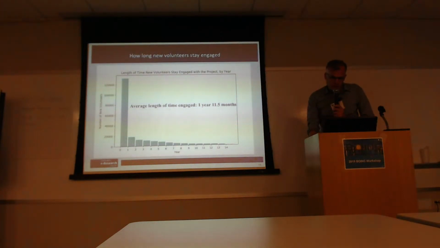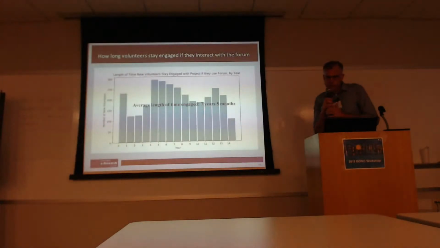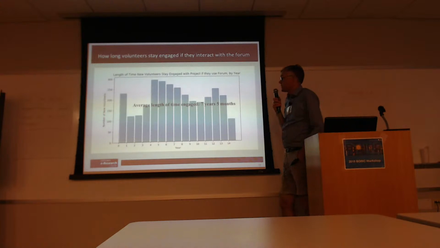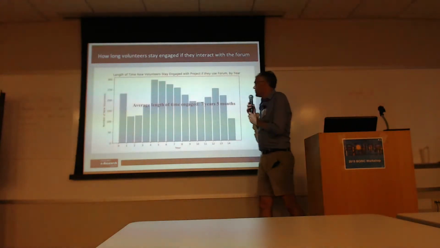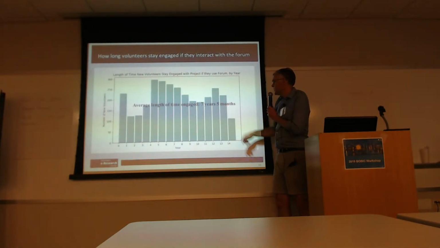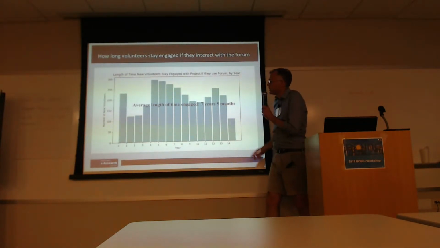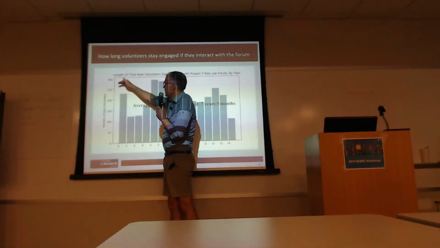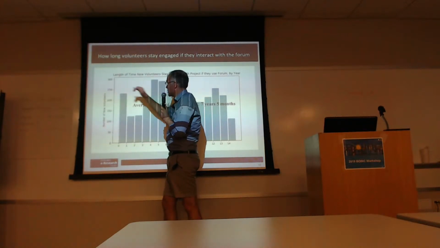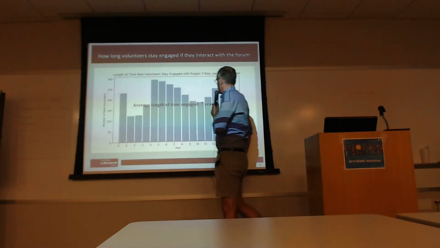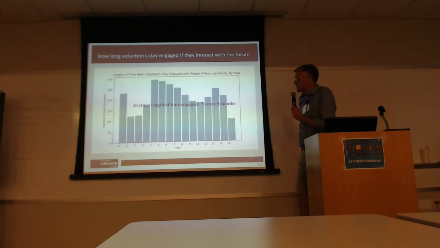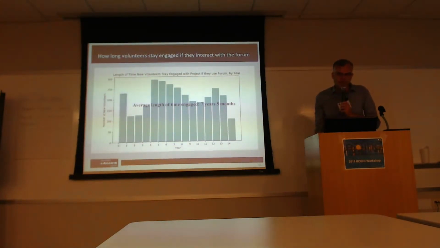Now, if we look at that from the point of view of people who are actually engaged in the forum, it's very different. We see that the average length of time engaged has increased up to 7 years, 5 months. However, the number of volunteers is much lower. This is 300 on the y-axis. So basically, if they interact with the forum, they stay more engaged with the project.